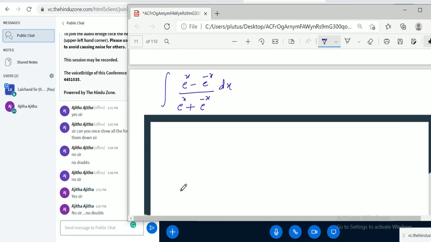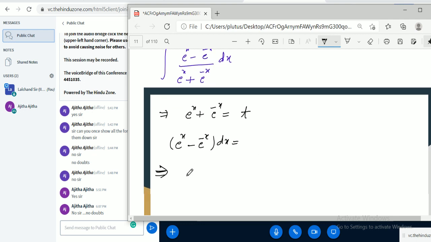Now if we let the denominator value e to the power x plus e to the power minus x be equal to t, and if we differentiate both sides, then we get (e to the power x minus e to the power minus x) into dx equal to dt. So we can substitute this. So we got 1 by t into dt. What is the integral of 1 by t dt?